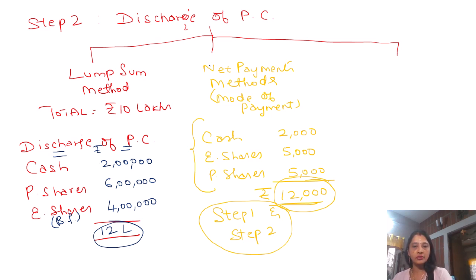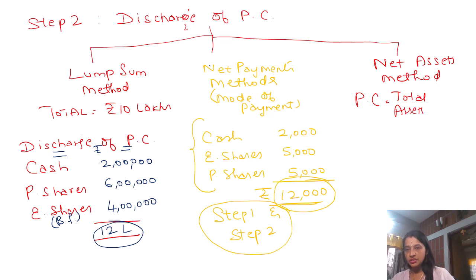Now the third method is net assets method. Now in net assets method, we calculate PC using the formula total assets, remember, except fictitious assets.